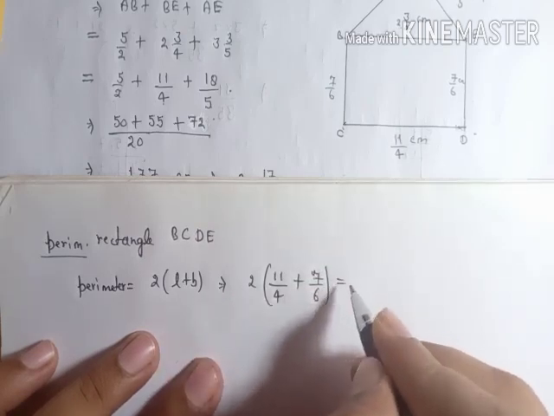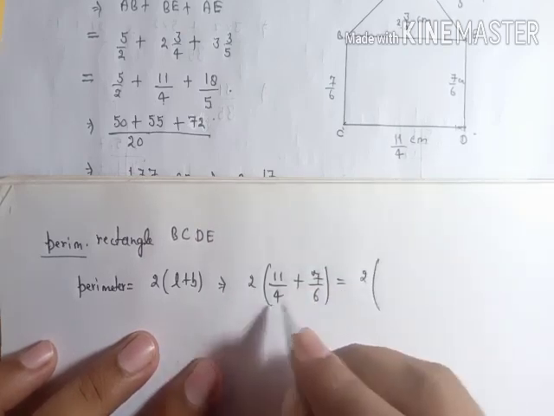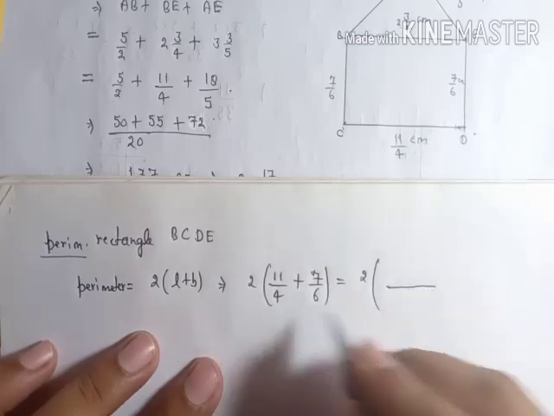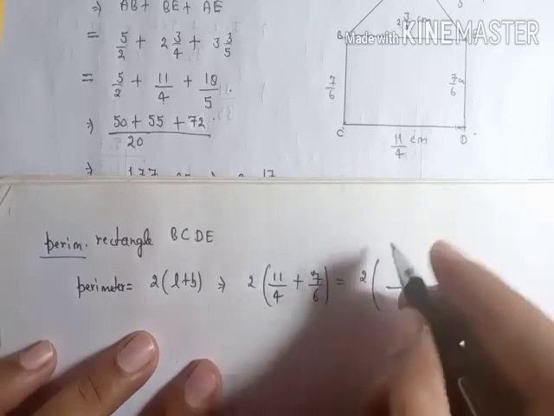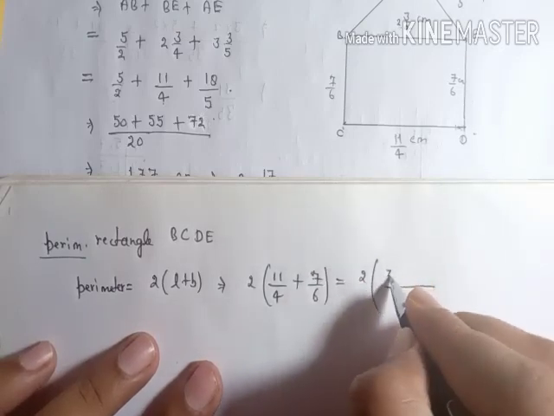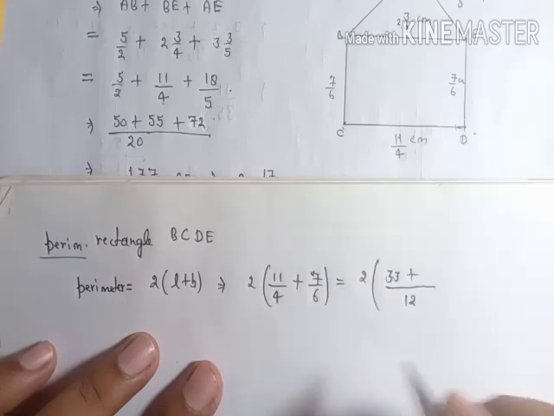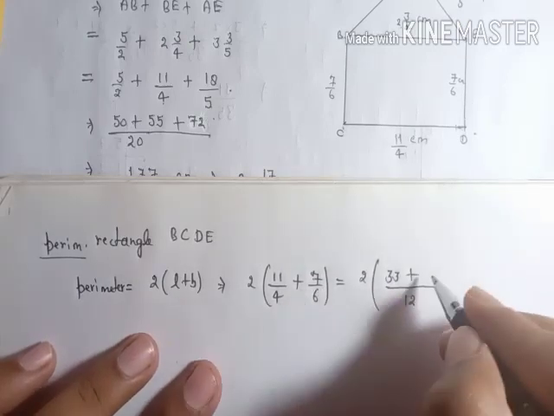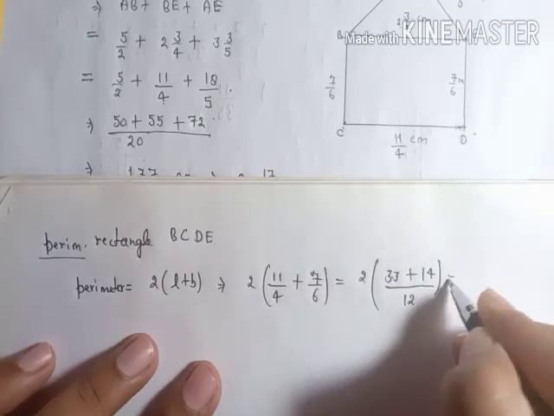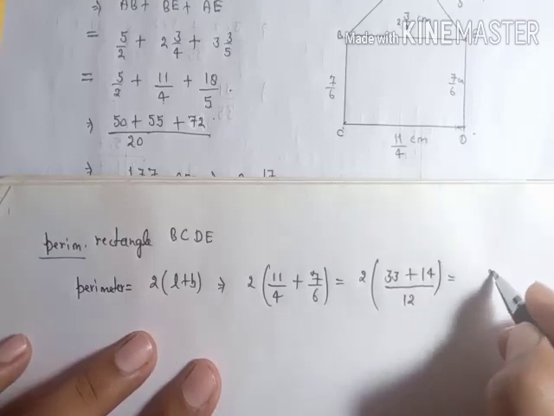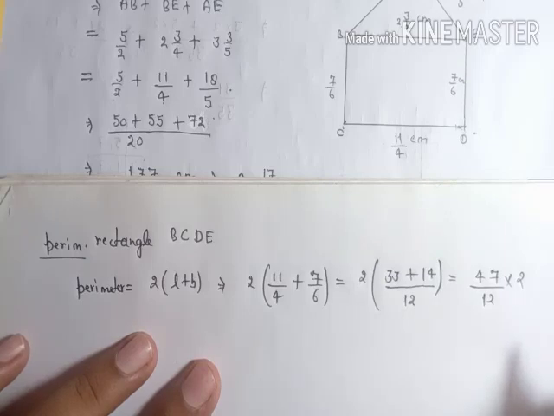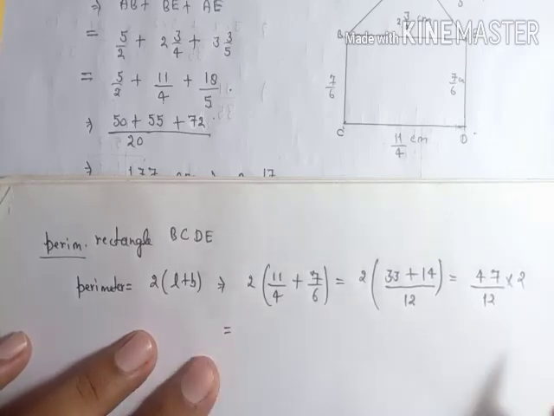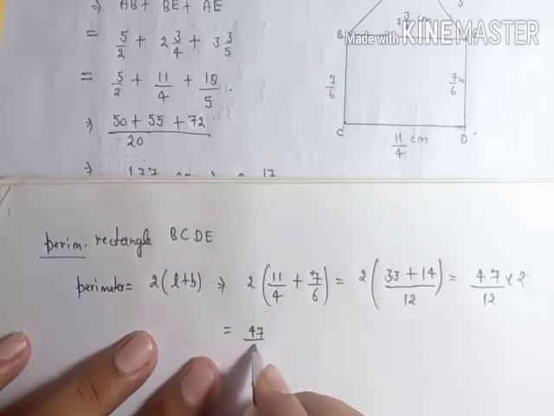Now add these terms. LCM of 4 and 6 is 12. 4 3s are 12, and multiply 11 and 3, you will get 33, and 6 2s are 12, and 2 7s are 14. Now add 33 and 14, 47 upon 12, into 2, and you will get your result, that is 47 upon 6.